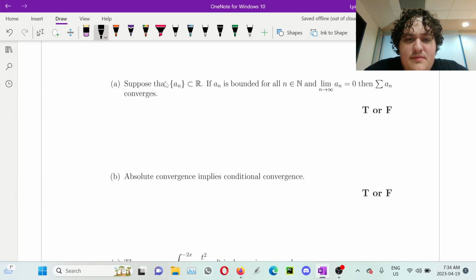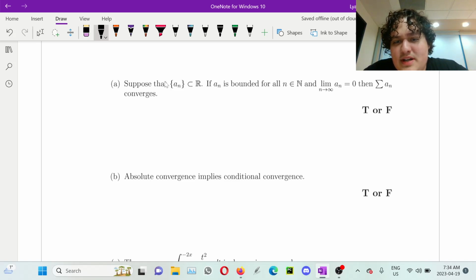AN is bounded, and if the limit is 0, then it's definitely bounded. That feels kind of like redundant information, right? It's just a bunch of real numbers that's going to 0, so it doesn't make sense that it would be unbounded, but whatever.